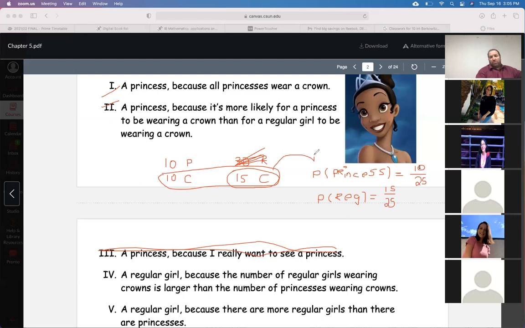Those are the only ones that come into consideration. 4 says a regular girl because the number of regular girls wearing crowns is larger than the number of princesses wearing crowns. All that matters are crowns. The other ones are irrelevant, at least for this example. Everyone's special, I know. But for this particular problem, the only ones that matter are the people wearing crowns. So the answer was 4.